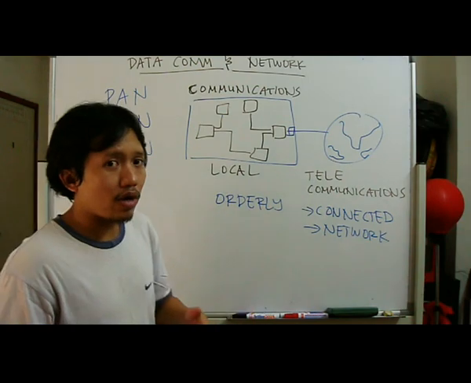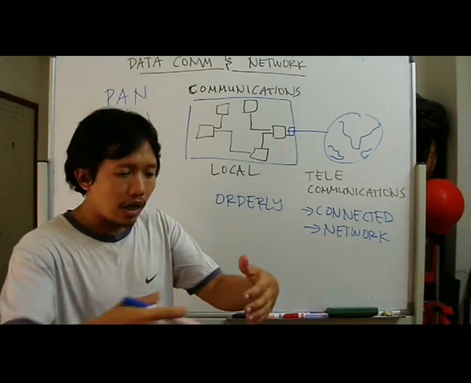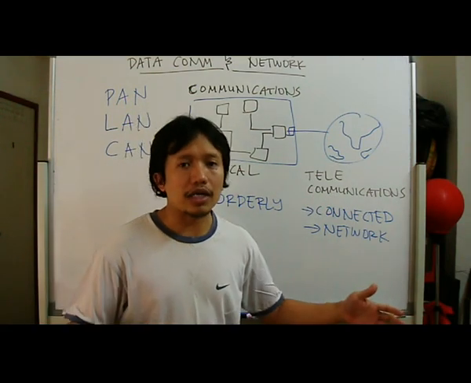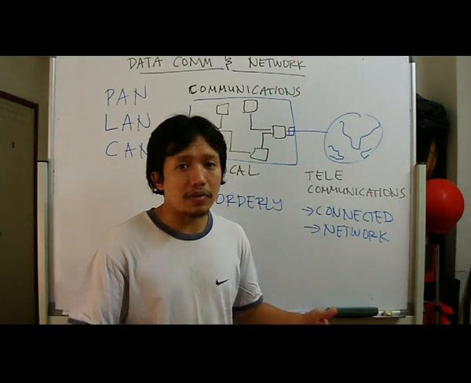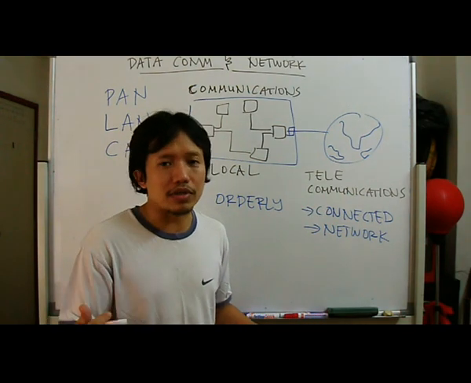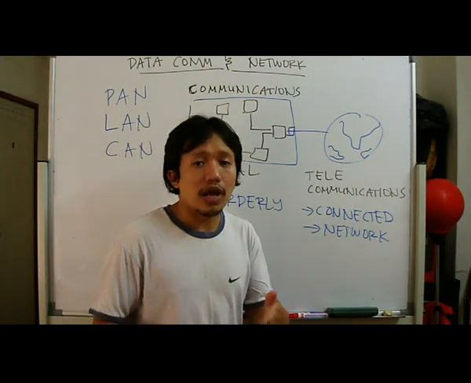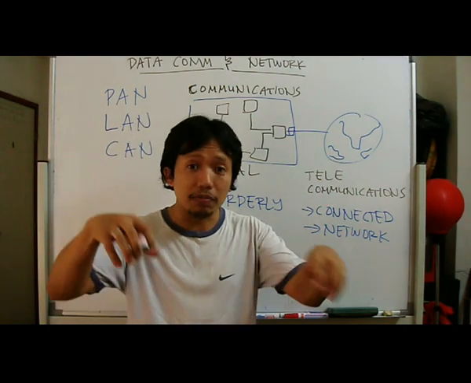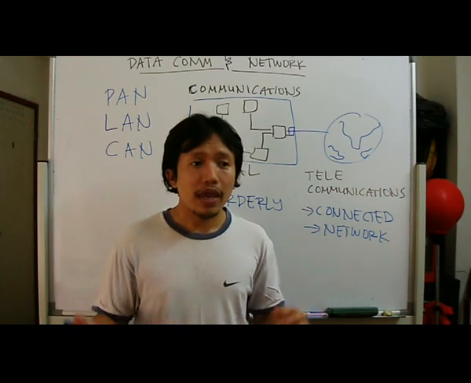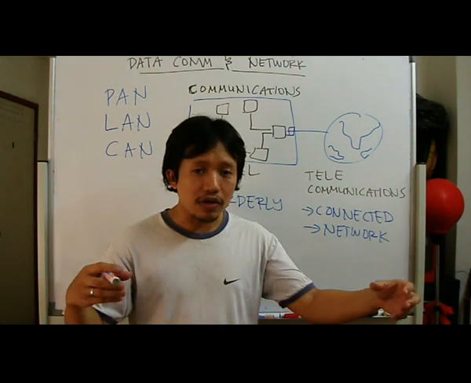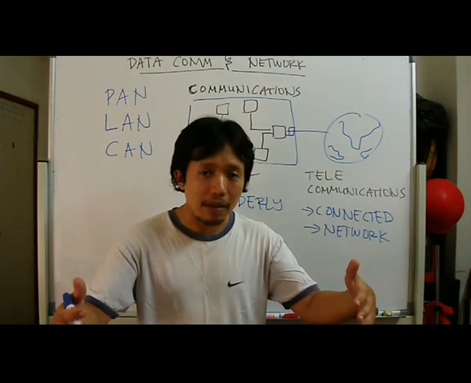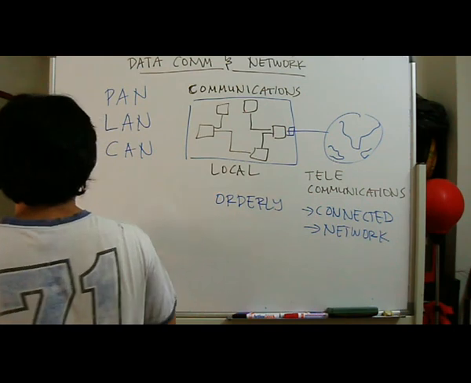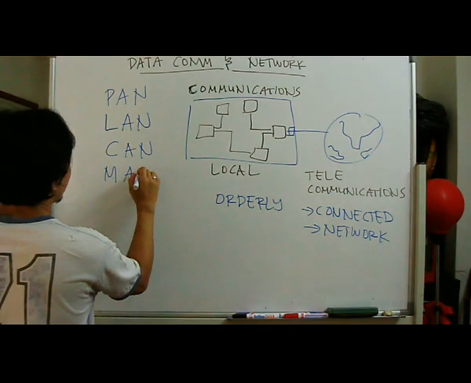Companies like Google or Microsoft have several buildings located in a rather large piece of land, and they call this a campus, or you can imagine a university campus. Of course, Help University does not have a campus yet, but certain universities do have a campus where they have several buildings for several faculties and so on. And when we connect all of these buildings together inside the same campus, we have a campus area network.